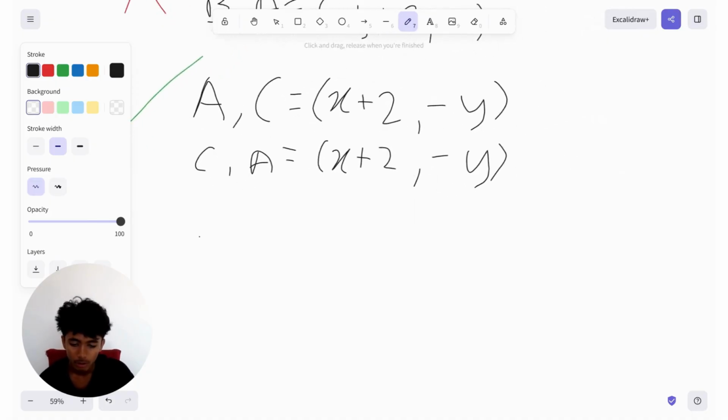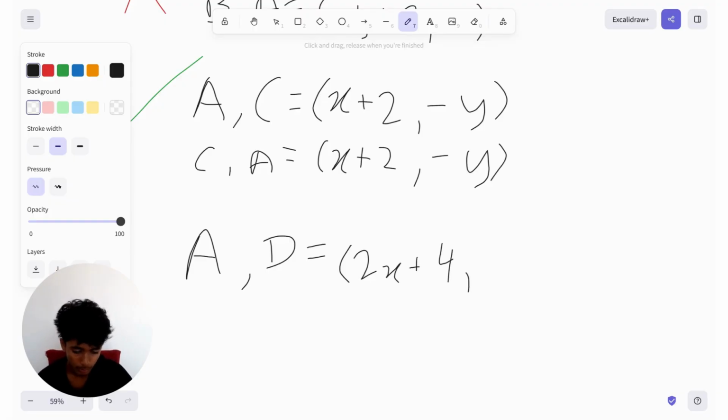Now let's try A and D. A and then D would be 2x plus 4, comma, 2y.